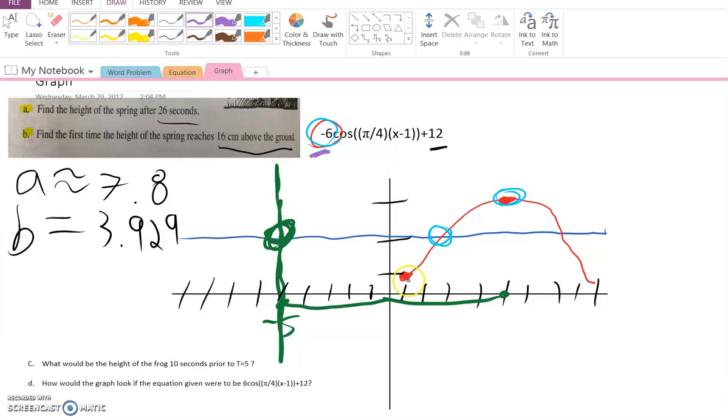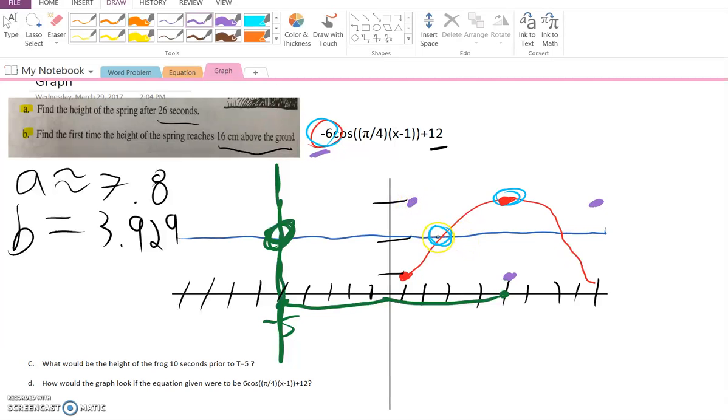So instead of starting at the minimum point, it would start at the maximum point. Then the highest point would be located at the minimum point, and the last minimum point would be located at 18, which is our maximum point again.